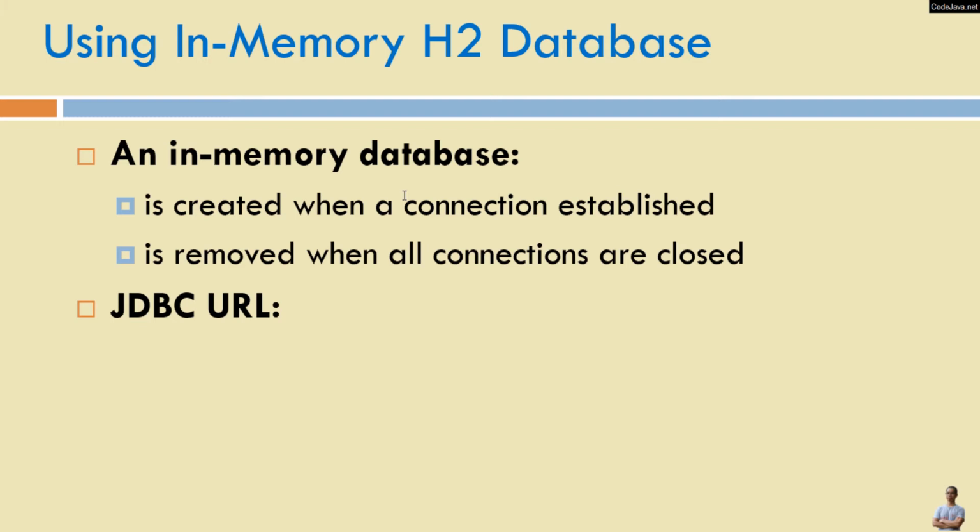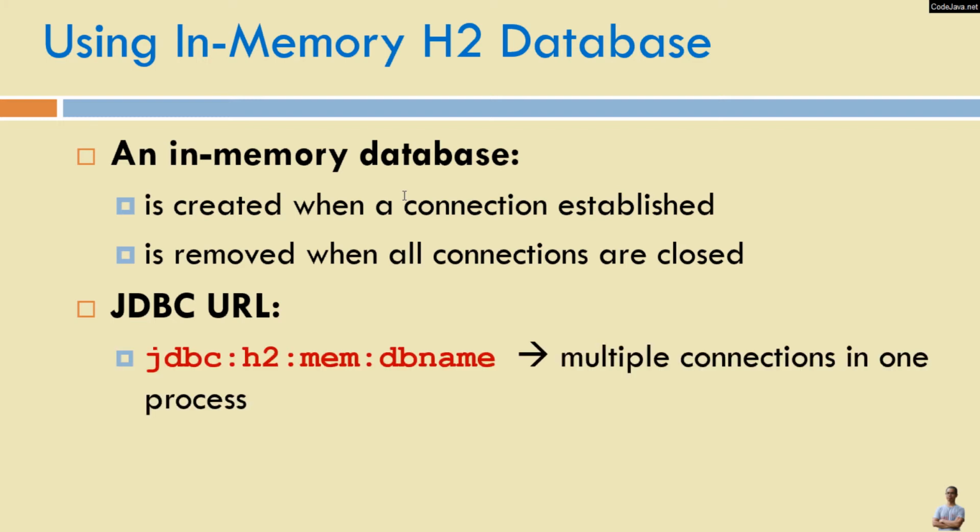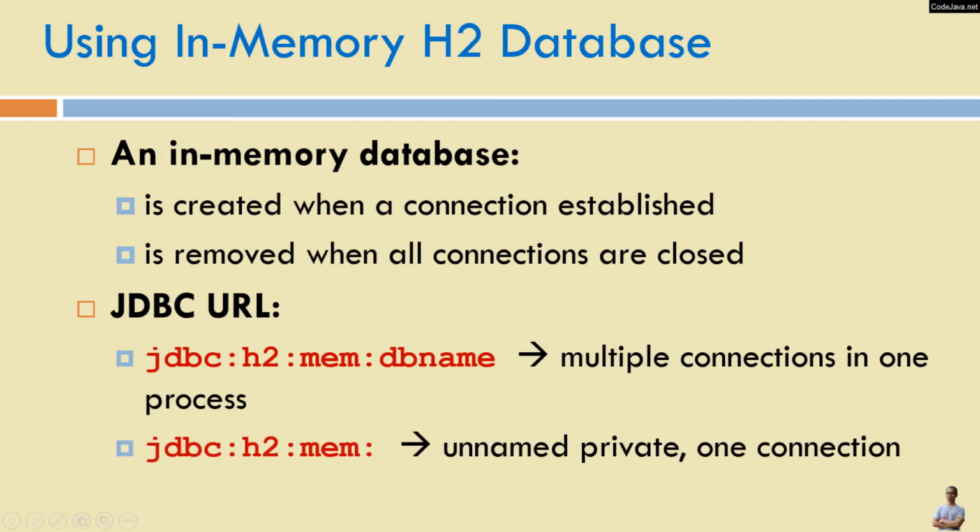And the syntax of the JDBC URL is something like this. You see, jdbc:h2:mem: and then the database name. This allows multiple connections in one process. And you can also use this JDBC URL, jdbc:h2:mem: for unnamed private one connection.